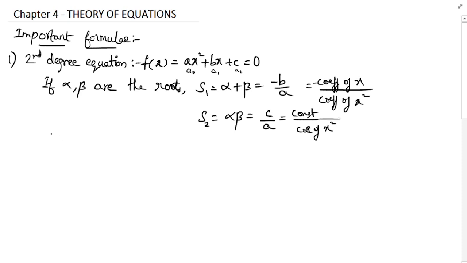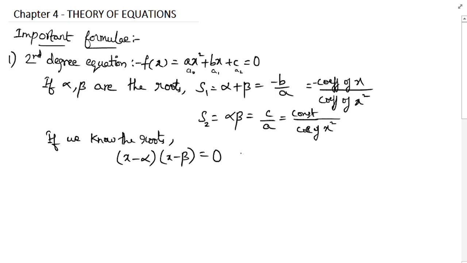Okay, so now if we know the roots, then the equation can be written as x minus alpha into x minus beta is equal to 0. Okay, so you have to remember this because we will be using all of these in our problems.